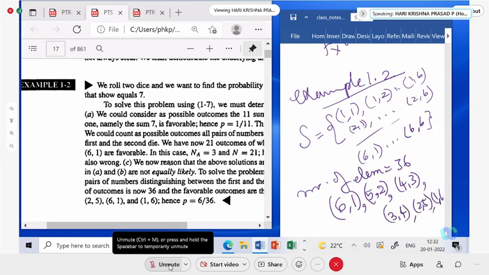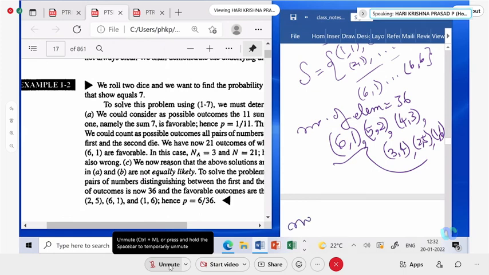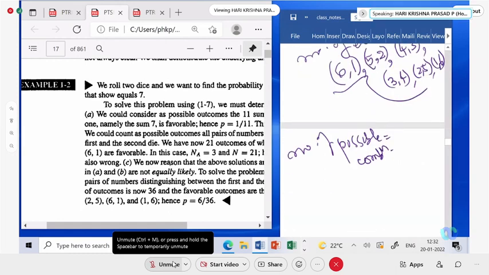So how many such combinations? 6. So the number of possible combinations is 6. So the probability is 6 by 36. Like this, you have to show.